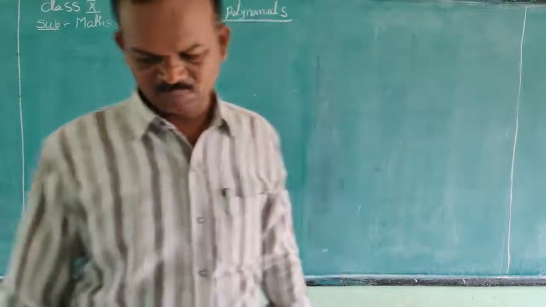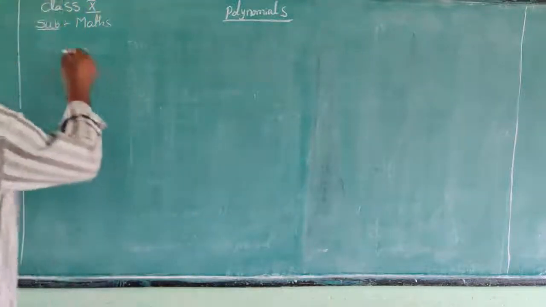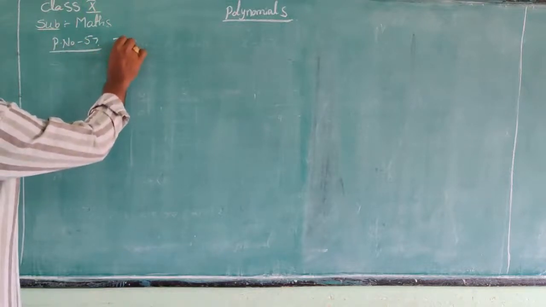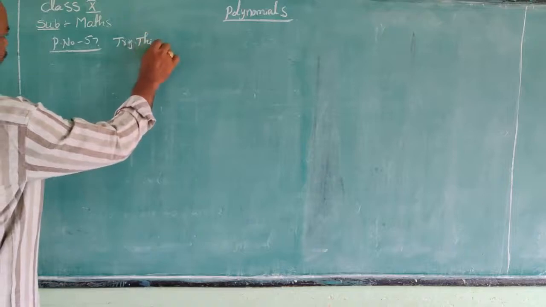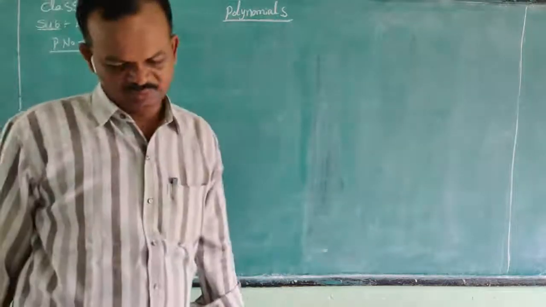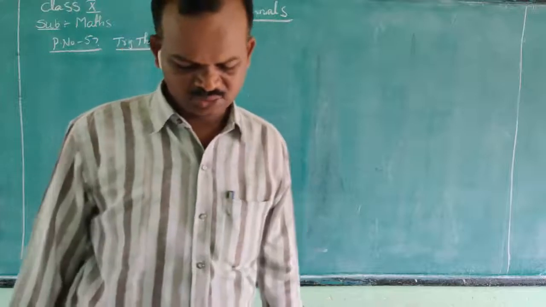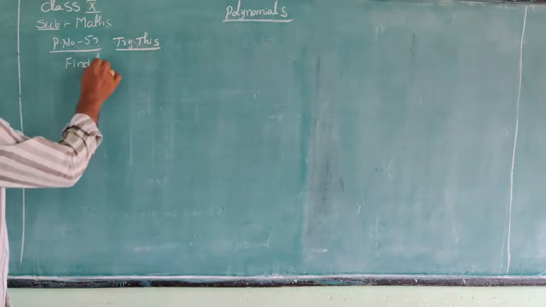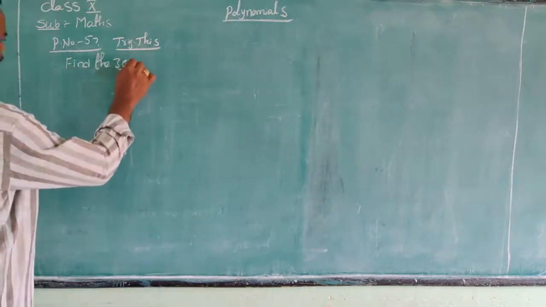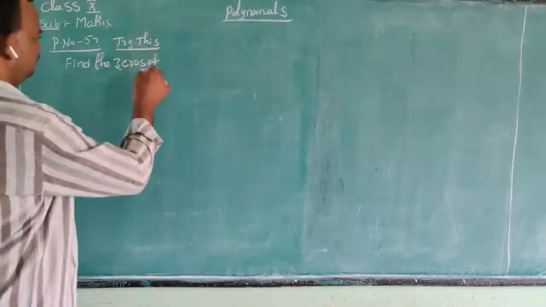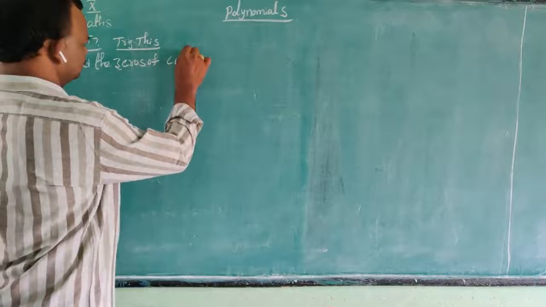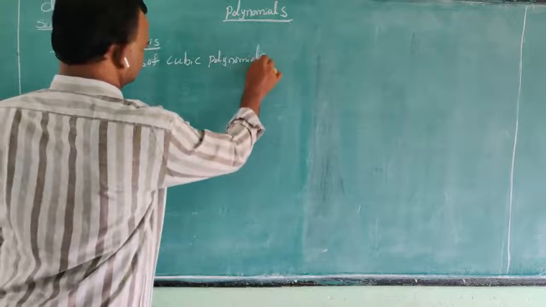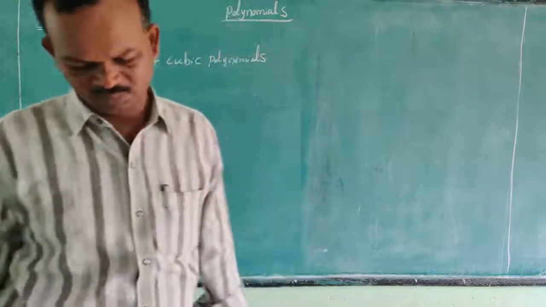Next one, page number 57. Try this. Find the zeros of cubic polynomials.